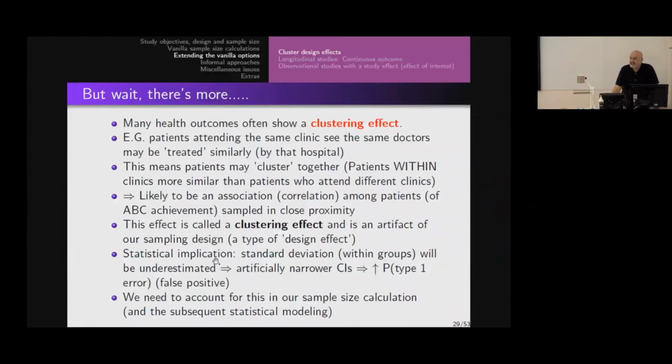The statistical implication of this is the standard deviations within groups will be underestimated, leading to artificially narrower confidence intervals, which lead to increased type 1 error. In other words, we're going to say the treatment works more often than we should if we don't account for this clustering effect.